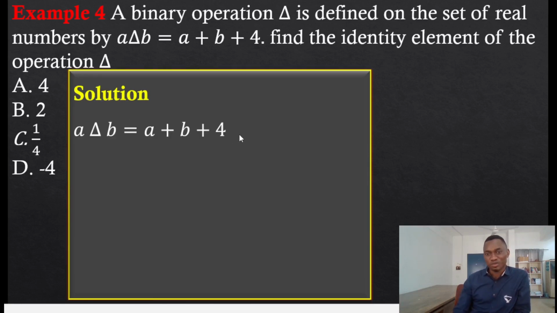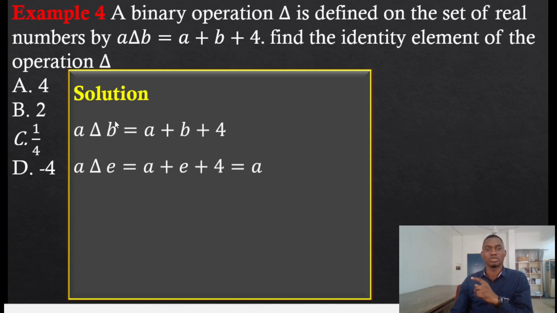This is the working formula. But we are going to define the identity property with respect to this formula given to us. Anywhere you see B, you put E, then equate to A. So A operated on E is equal to A plus E plus 4 equals A.